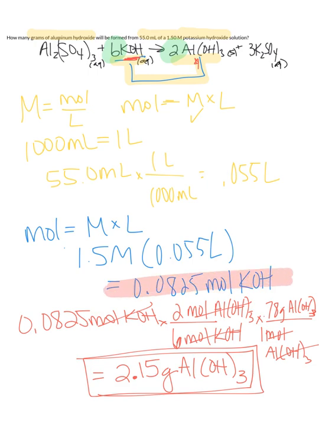Then from moles of potassium hydroxide, we were able to use the mole ratio to relate it to the aluminum hydroxide, which was the solid. And then from our moles, we're able to go to grams using molar mass from the periodic table for our final answer here of 2.15 grams of aluminum hydroxide.